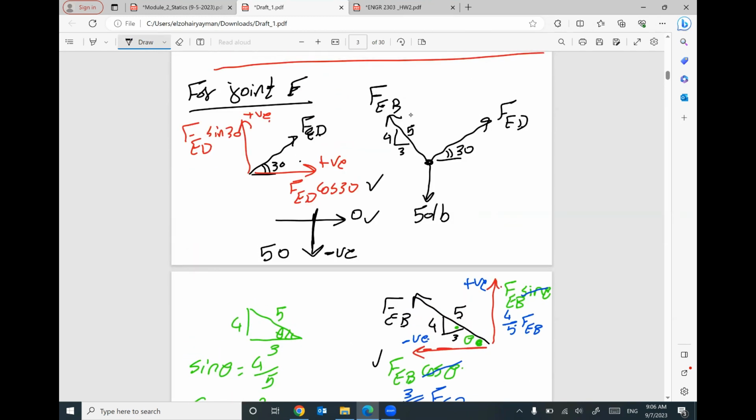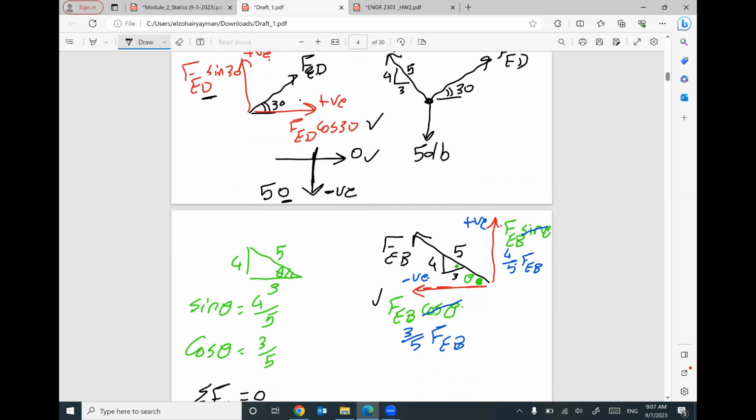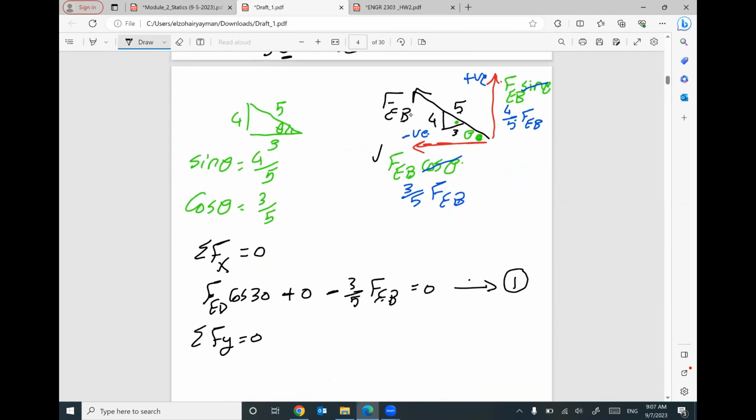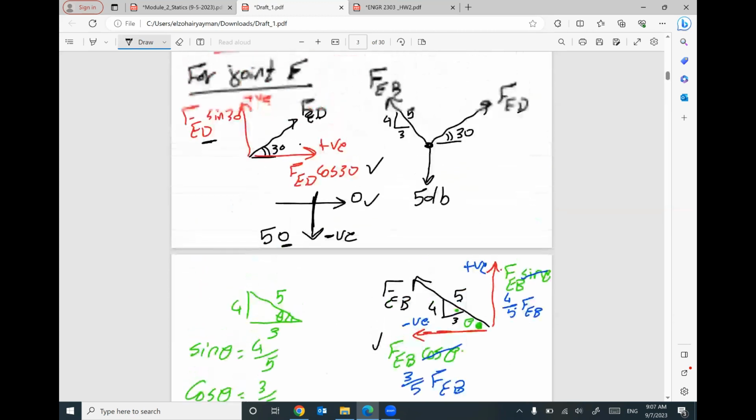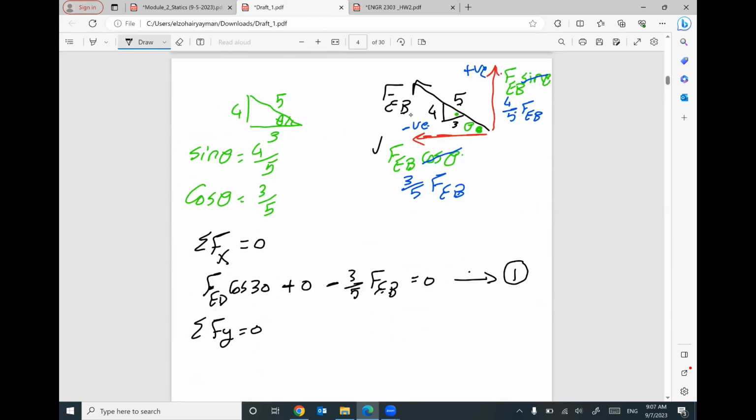We have one here, FED sine. We have one here, negative 50. And we have one more here, positive 4/5 FEB. So we have positive FED sine 30 negative 50 plus 4/5 FEB equals 0. Equation number 2.